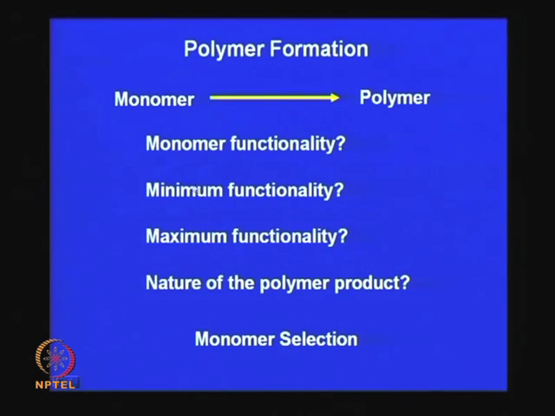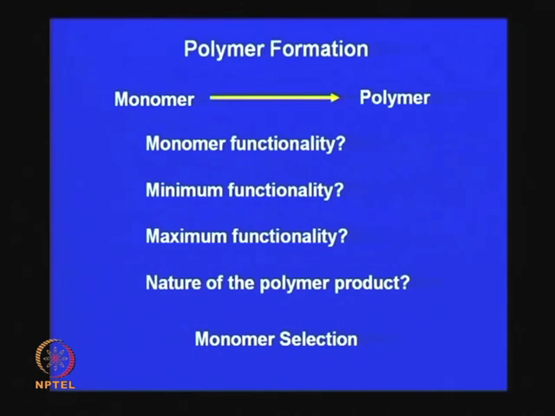Then what is that functionality? What is the minimum functionality required for getting a polymer? We can have a chemical compound whose functional group may be 1. Is it polymerizable to a high molecular weight product?